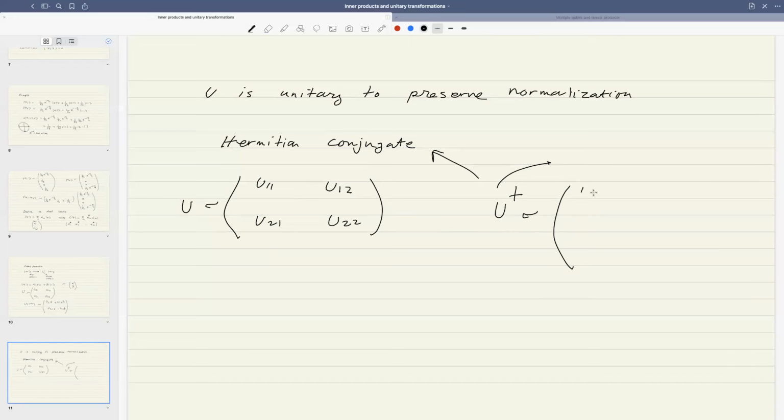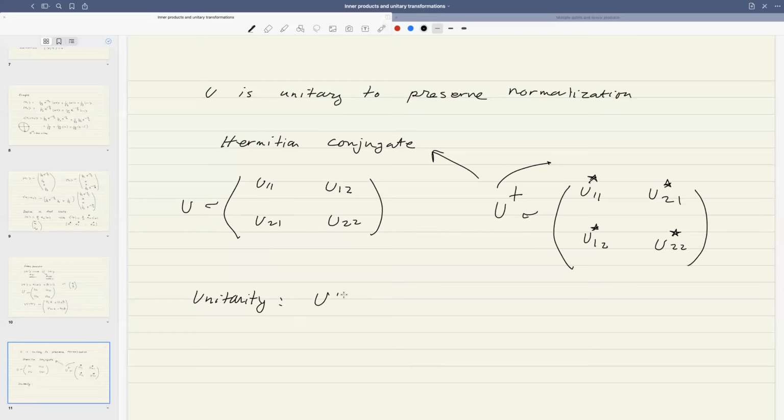So I write it as U11, U12 comes here. So the first row becomes the first column. And then the second row becomes the second column. So U21 and U22. And then complex conjugate every element. So that's how we construct the Hermitian conjugate.